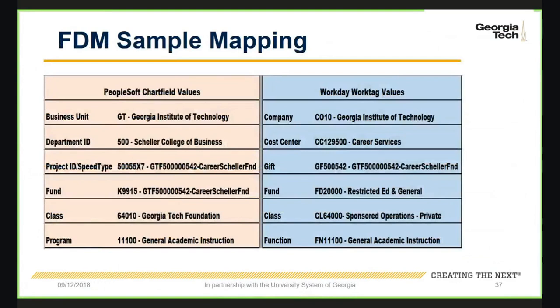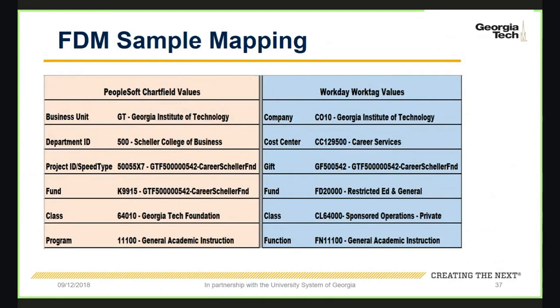Before we end this session, let's take a brief look at a sample mapping activity. In pink, you will see the PeopleSoft chart field values, and in blue, Workday work tag values. Currently, we use business unit, which is GT. In Workday, it will crosswalk to company.